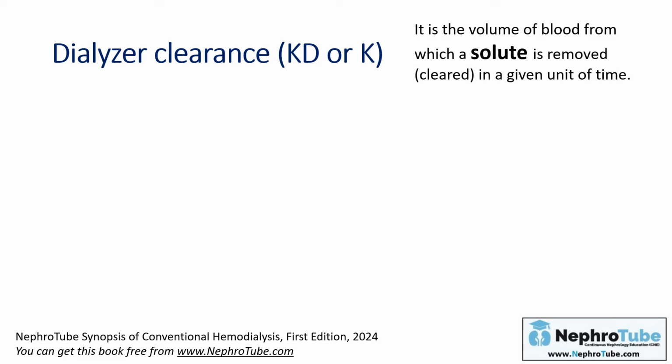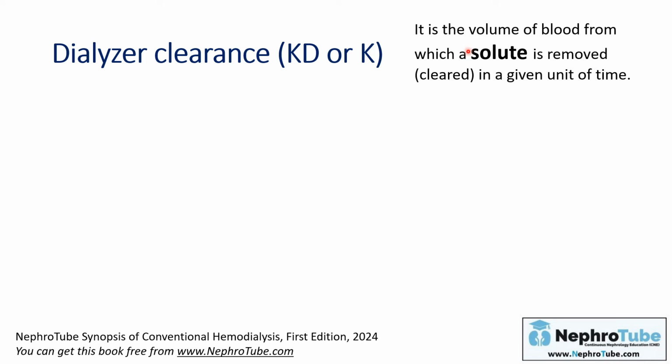It is the volume of blood from which a solute is removed in a given unit of time. Again, I wrote here solute in black, bold, and large letters to stress that dialyzer clearance is used for measuring dialyzer efficiency, and dialyzer efficiency is related to removal of small solutes less than 500 Dalton.